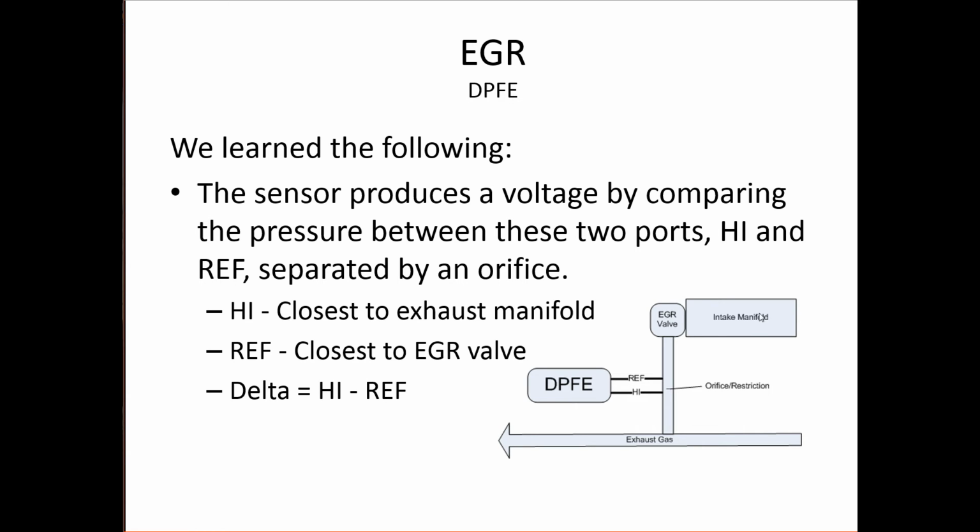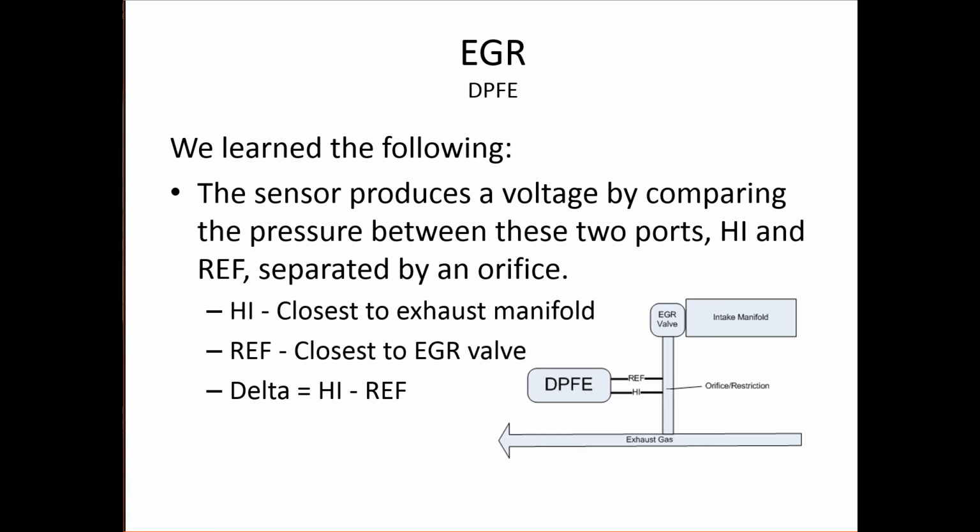So you have the intake manifold, the EGR valve, the DPFE sensor right here, and ref and high. And there's an orifice here which causes the Venturi effect. So the exhaust gas is going to be slightly over 1 psi. So it's going to be a little higher than the current atmospheric pressure, right?